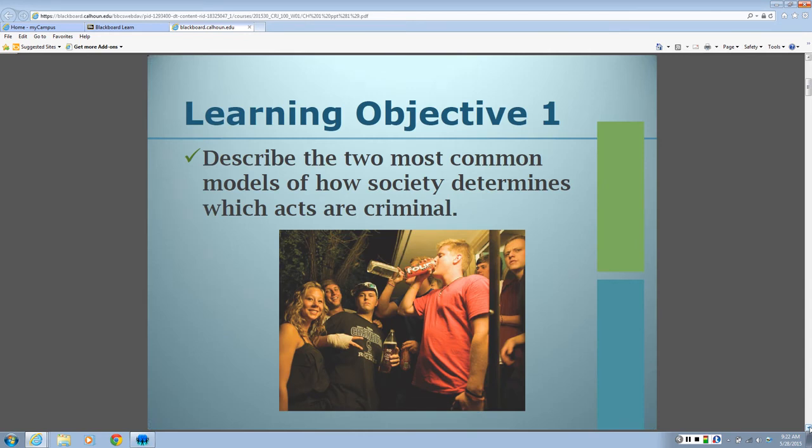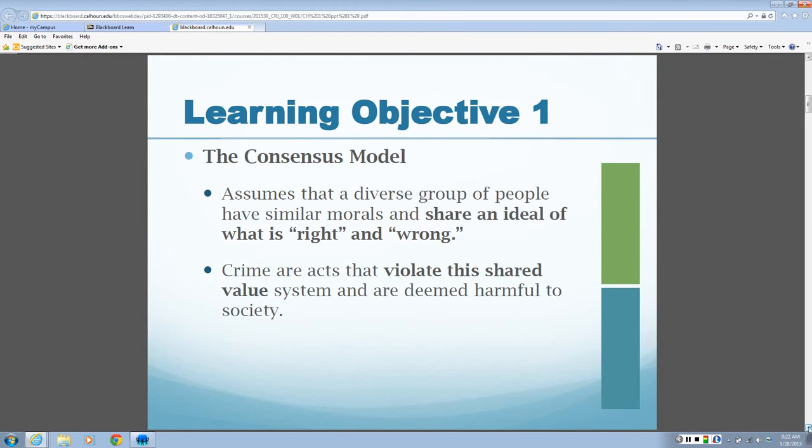The first thing it's going to talk about is the two most common models of how society determines what acts are considered criminal or not. Basically there's two ways that society looks at a particular behavior to determine whether it's considered right or wrong. The first way is using what we call the consensus model.